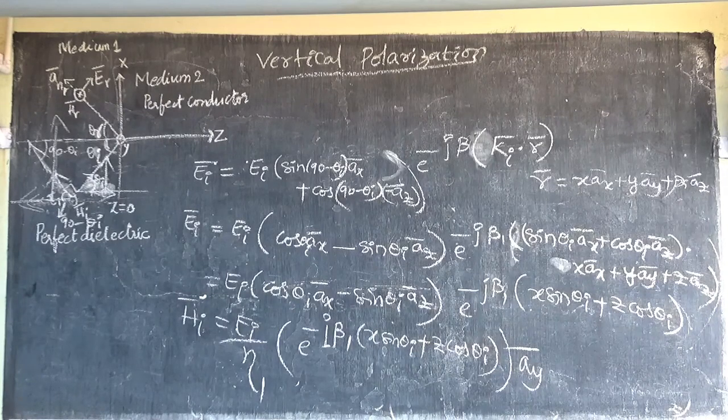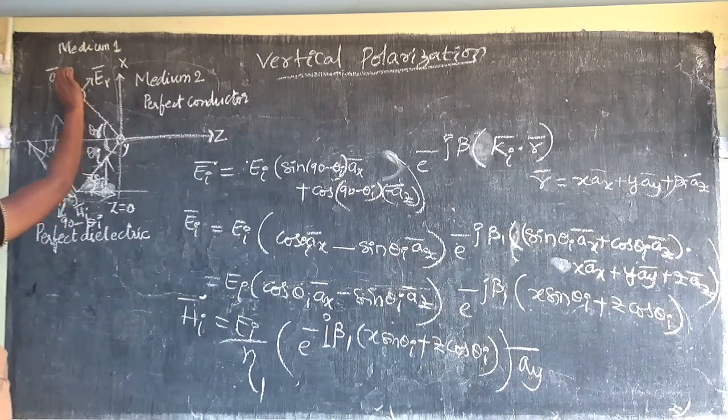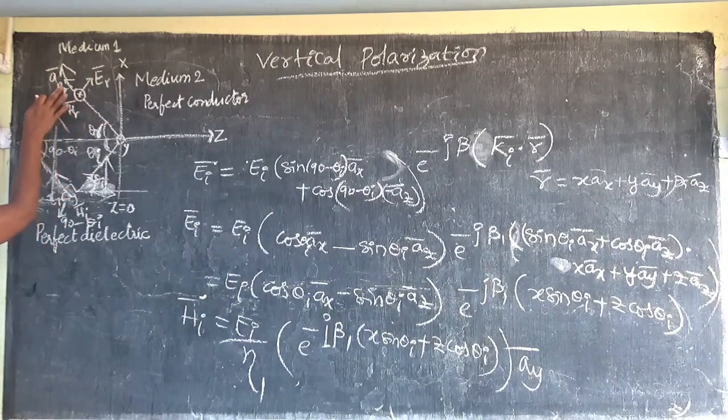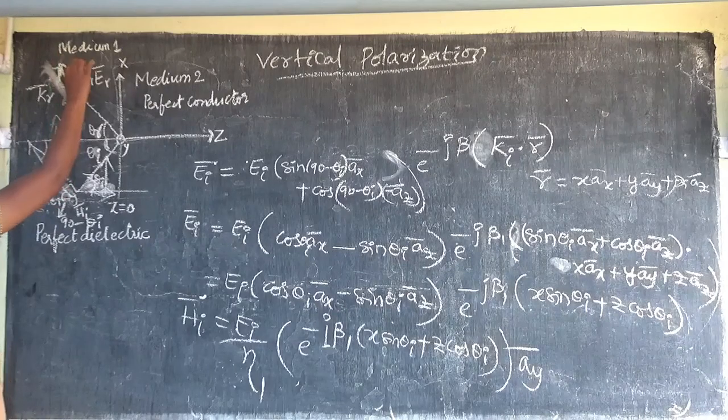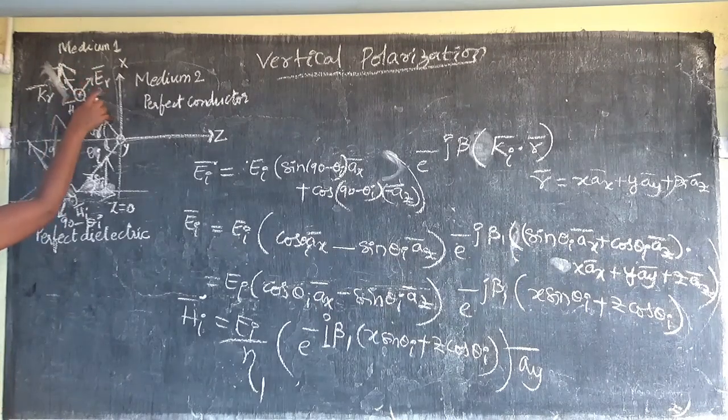In the same way we can find Hr bar and Er bar. To calculate Hr bar, a n r is the reverse normal, so we can write it as kr bar, and my Er bar is in this direction.